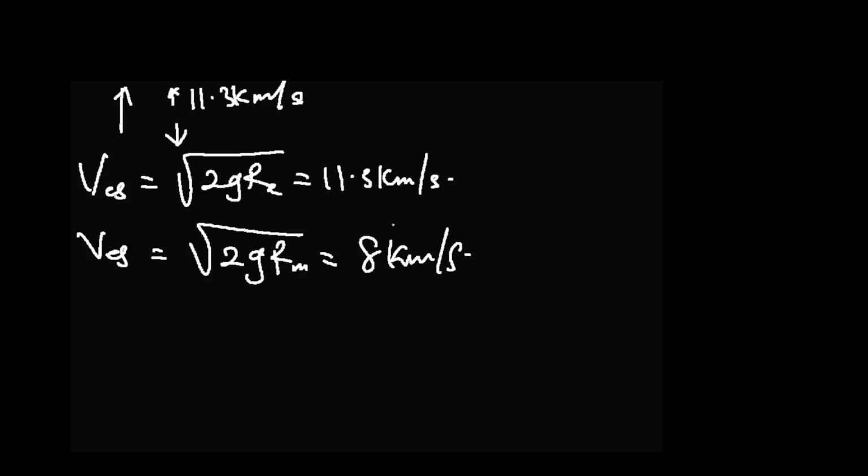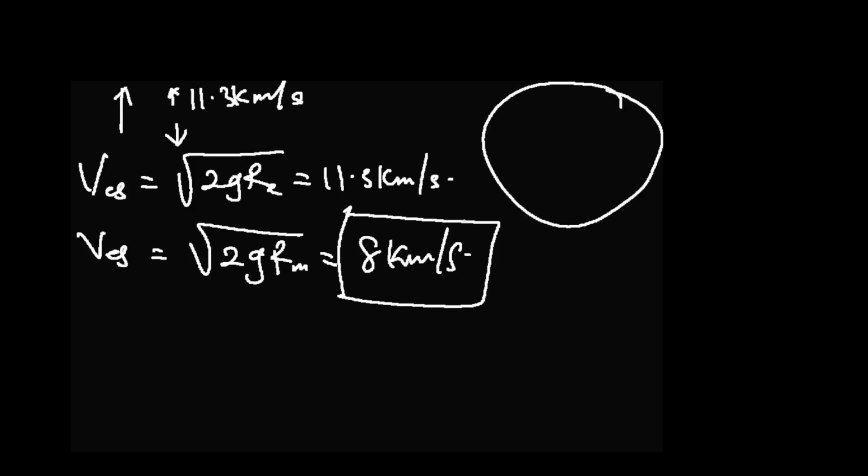When you launch a body with this kind of velocity, the body will go, it's not going to come back, and it's not going to escape the gravitational influence. So it will keep moving around the earth. That is what we call orbital velocity. It will not go and it will not come back.